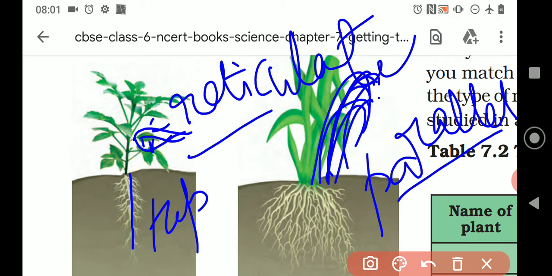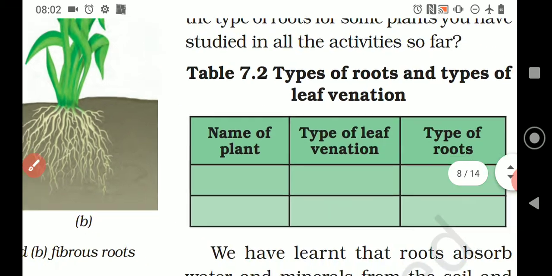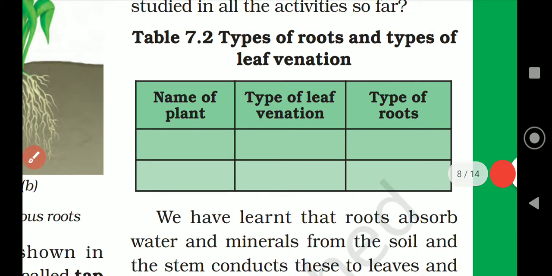How? If the leaves have reticulate venation, the plant will have tap root. If the leaves have parallel venation, the plants will have fibrous roots. So whenever you see long leaves just like grass with parallel venation, the roots are fibrous.